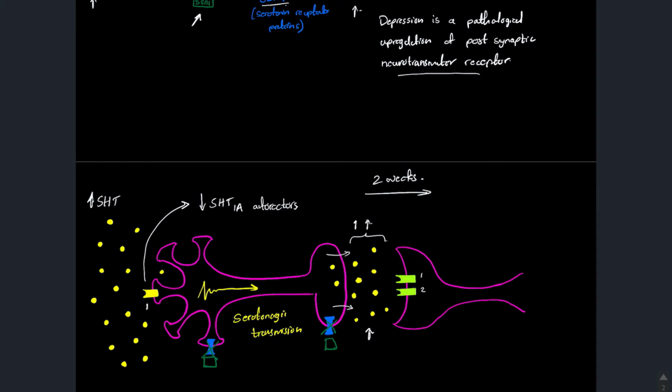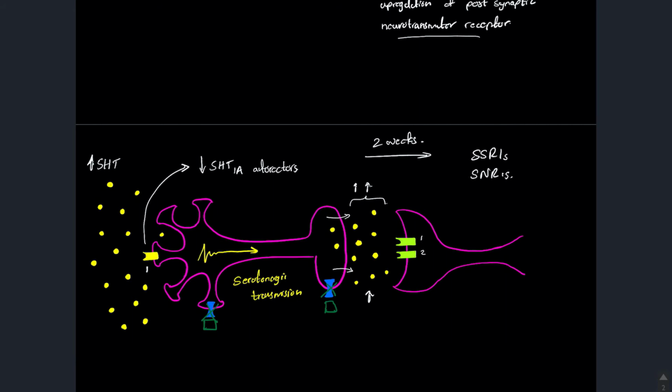And these 2 weeks are said to be the time over which adaptive changes occur in these receptors, which translates clinically to the time to response that we see with SSRIs. And this is true generally for both SSRIs, SNRIs, and other antidepressants.